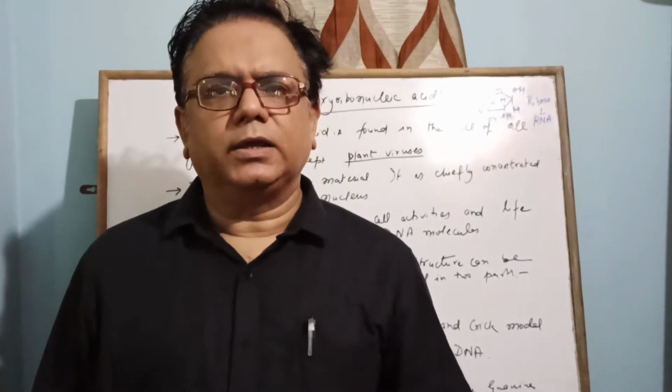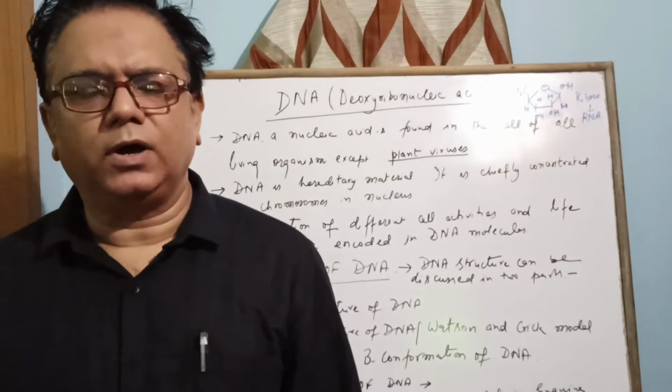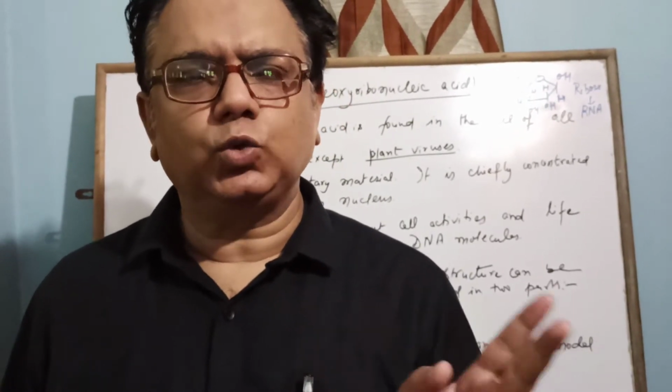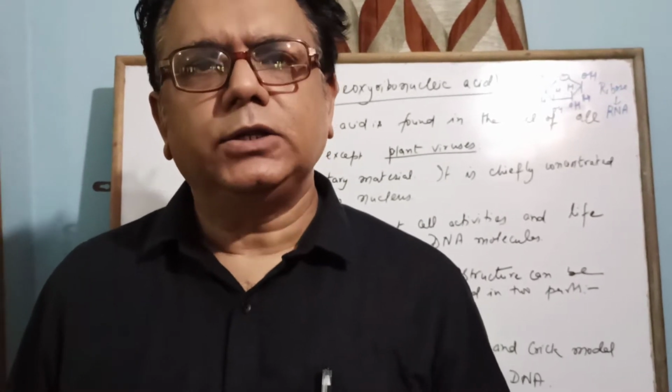When we say classification of nucleic acid, nucleic acids are classified on the basis of the nature of the sugar moiety present in the nucleic acid. So nucleic acids are classified into two types: ribonucleic acid or RNA, and deoxyribonucleic acid or DNA.